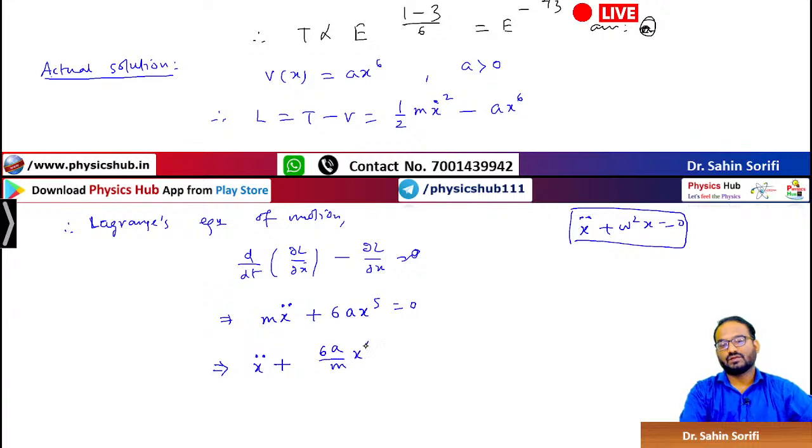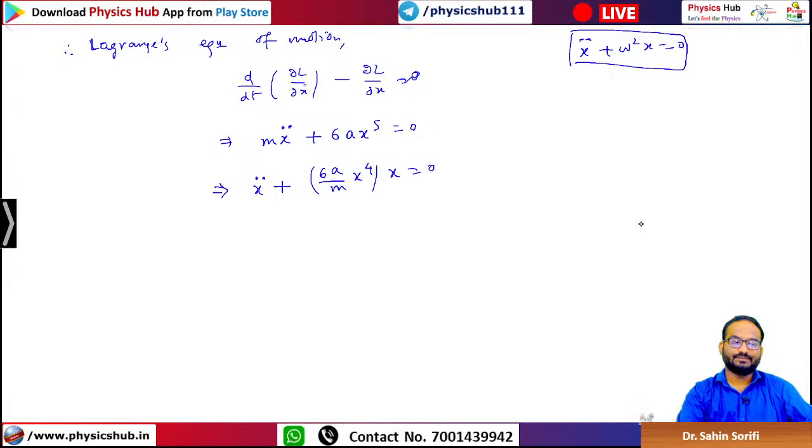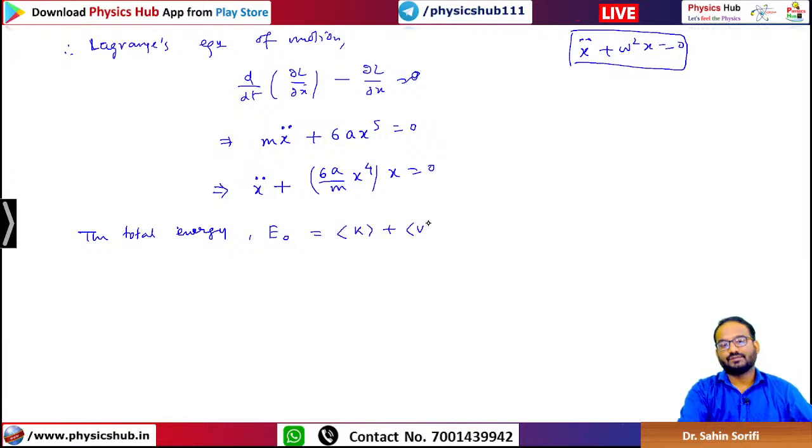We can write x to the power 4 times x equals 0. Okay, we can write it in this way. Now x is a variable. If I write the total energy, let's say total energy E naught is the sum of kinetic energy and potential energy.